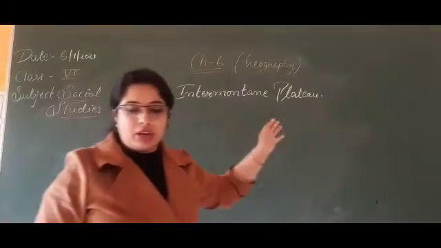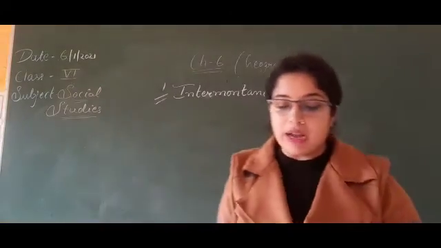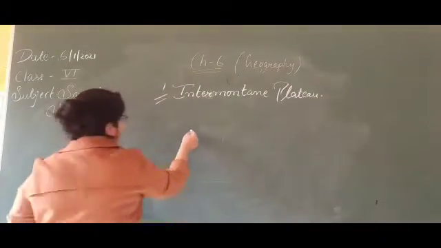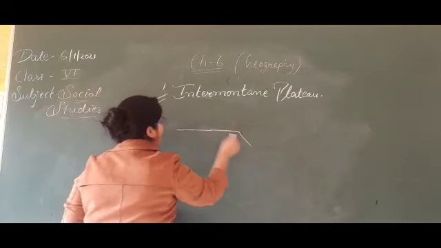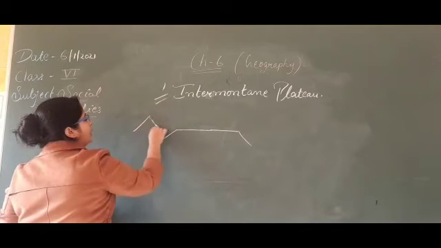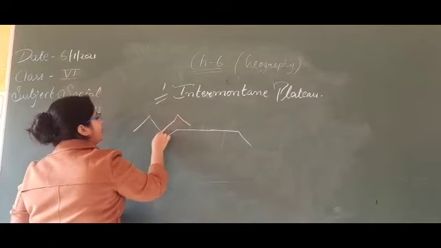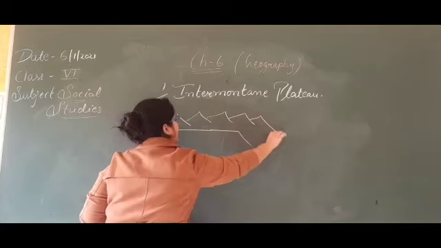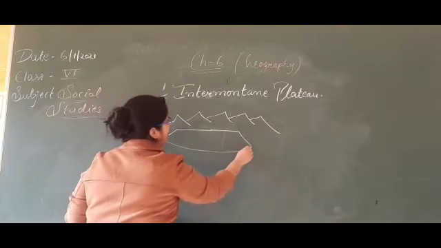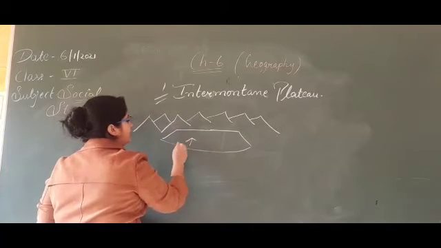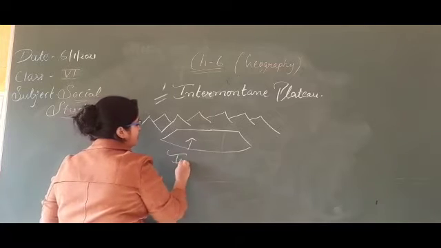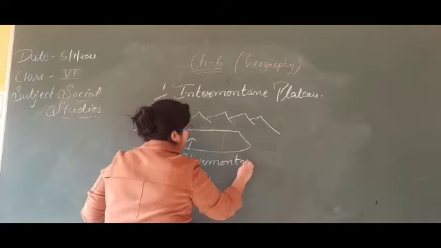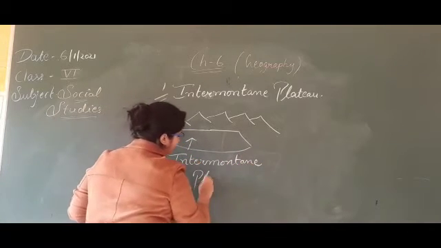Intermontane plateau. A high plateau surrounded by mountains is called an intermontane plateau. It means the plateau area which is surrounded by the mountains is known as an intermontane plateau.